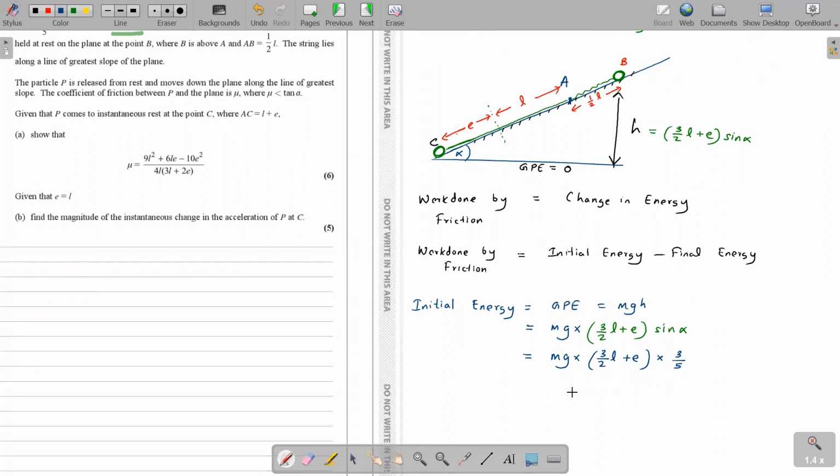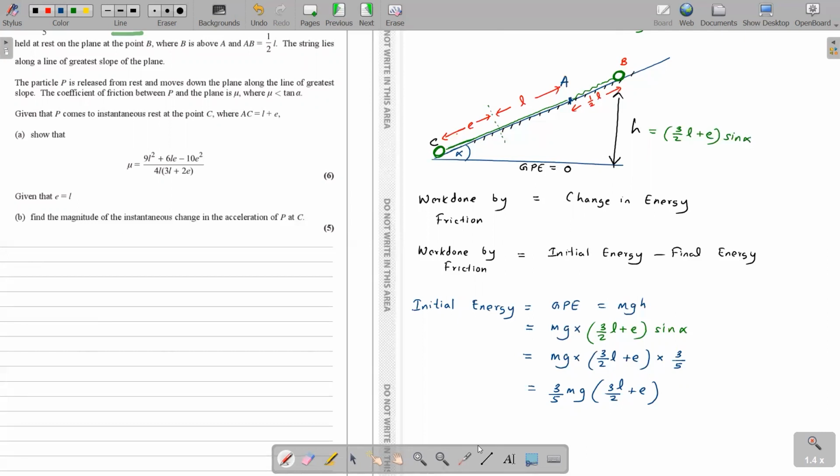So what do we get when we simplify? We get 3 over 5 mg times (3L over 2 plus E). Let's leave it like this for now and we'll do the extra simplification afterwards. So the initial energy is done.